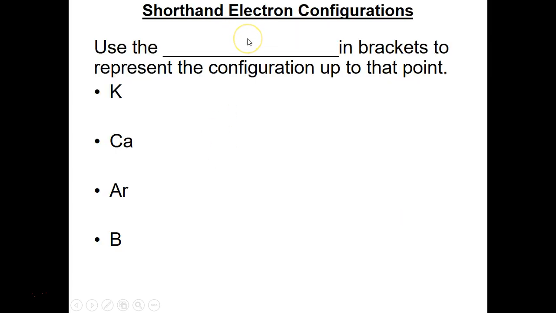Okay, so shorthand electron configurations. It can be a little bit cumbersome to write out long electron configurations. So to shorten it, we use the previous noble gas in brackets to represent the configuration up to that point. Let me give you an example. For potassium, if we wanted to do the electron configuration, we could write out 1s2, 2s2, 2p6, 3s2, 3p6, 4s1.